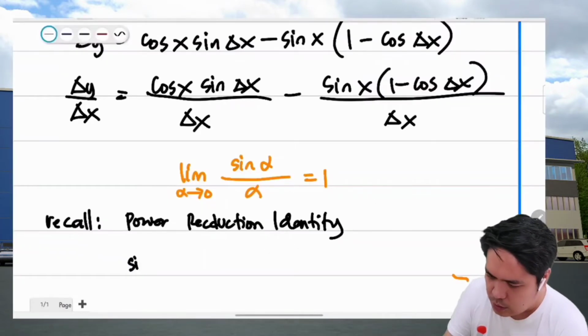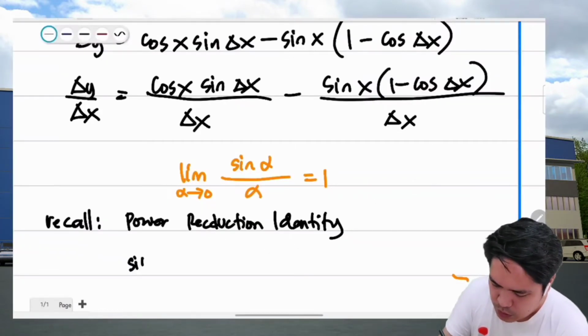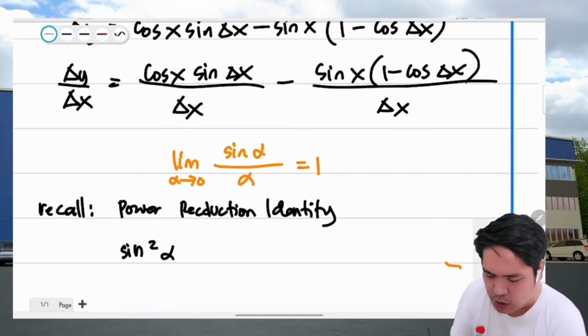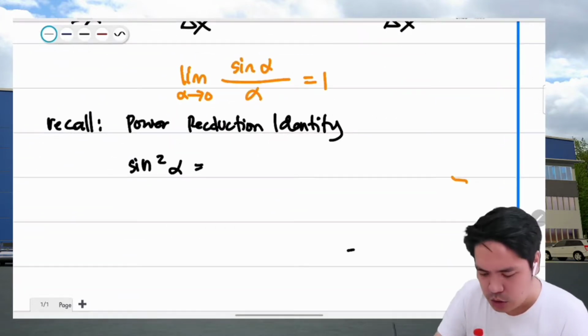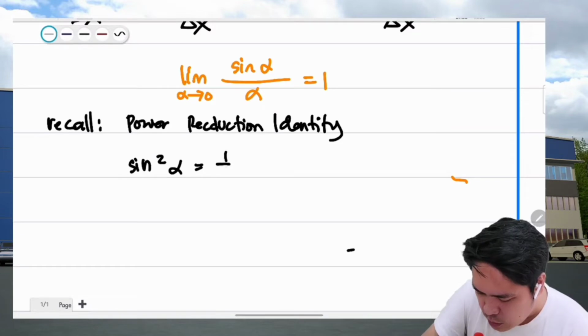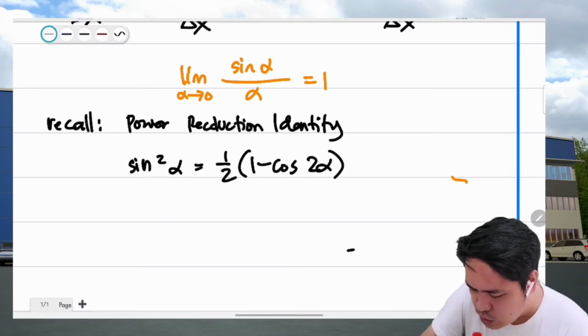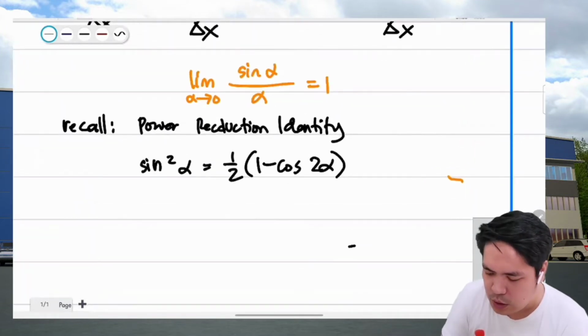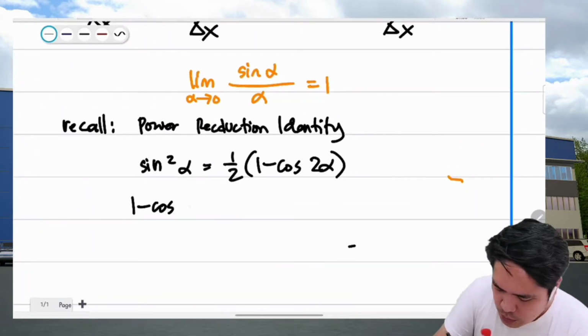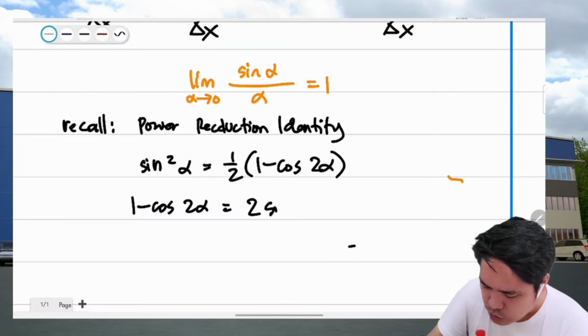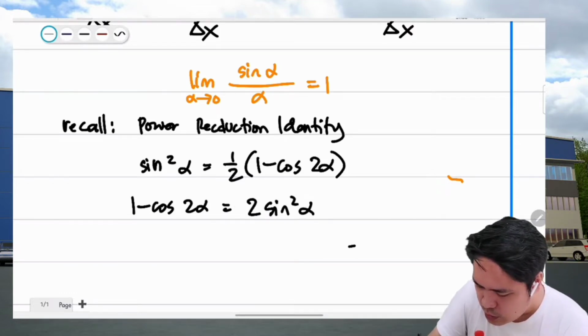Sine squared alpha, or theta, or any angle, when we apply power reduction, becomes one half times 1 minus cosine 2 alpha. Therefore, 1 minus cosine 2 alpha is equal to 2 times sine squared alpha.